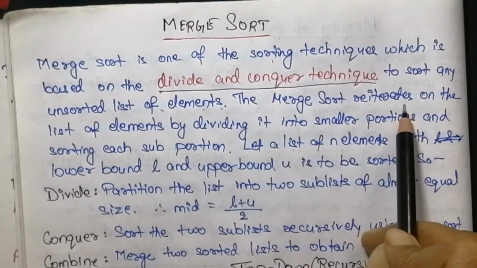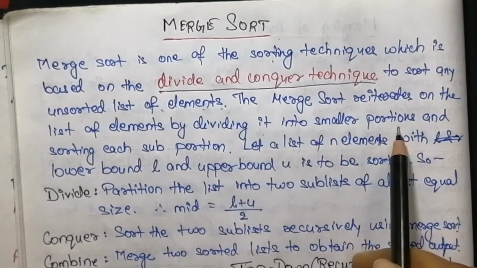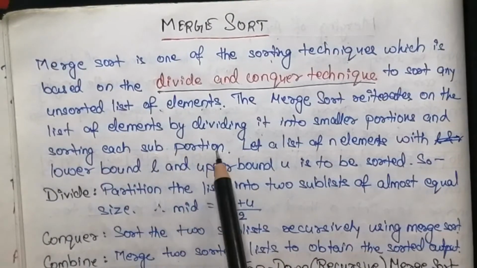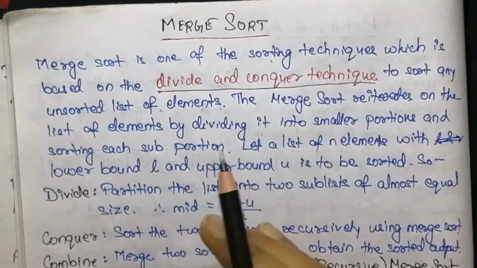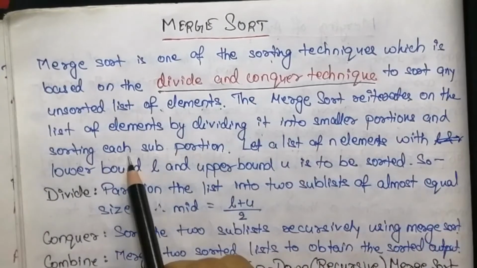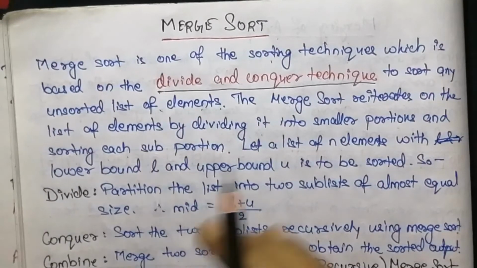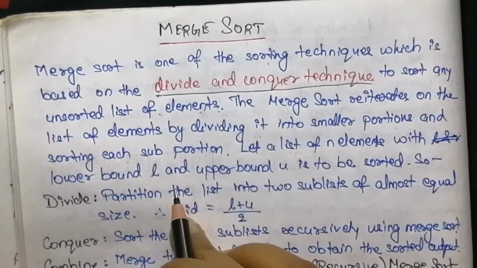Merge sort iterates on the list by dividing it into smaller portions and sorting each subportion. If we are given any list, we first divide it into smaller portions, then sort each subportion, and then combine all the subportions into a single list.